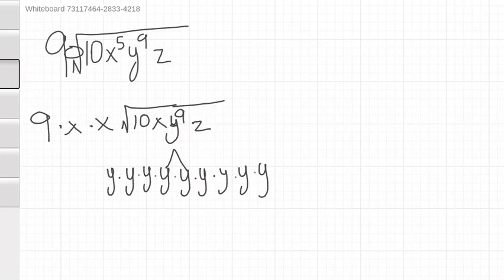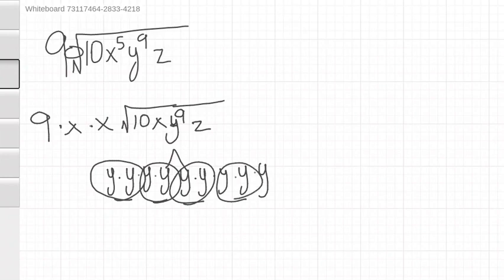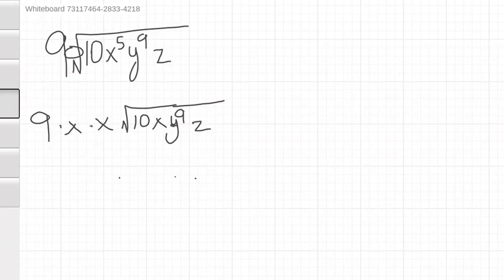Okay, and now we have to find our pairs. We have 4 pairs of y's, so we'll bring 4 y's, like y times y times y times y, to the outside.